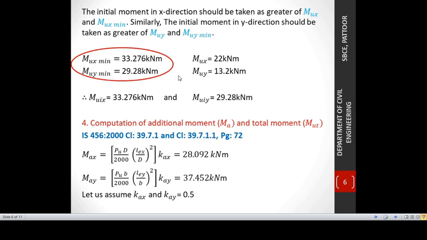By comparing these values, Mux minimum and Muy minimum are obtained as higher. So this is considered as the initial moment. Mux initial, the initial moment in x direction, is taken as 33.276 and Muy initial is taken as 29.28.